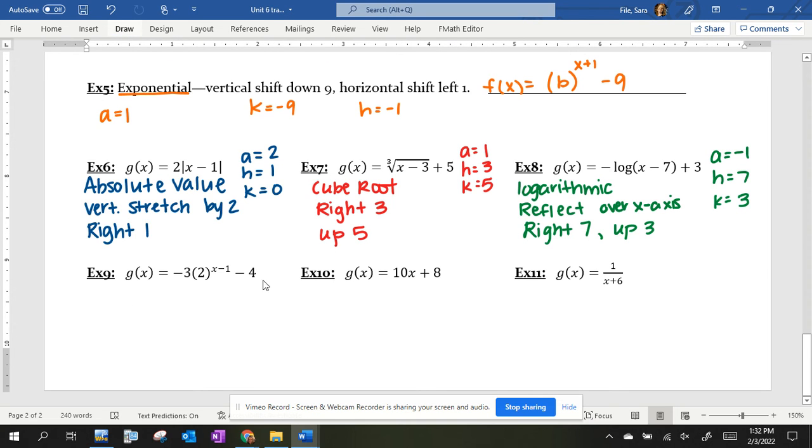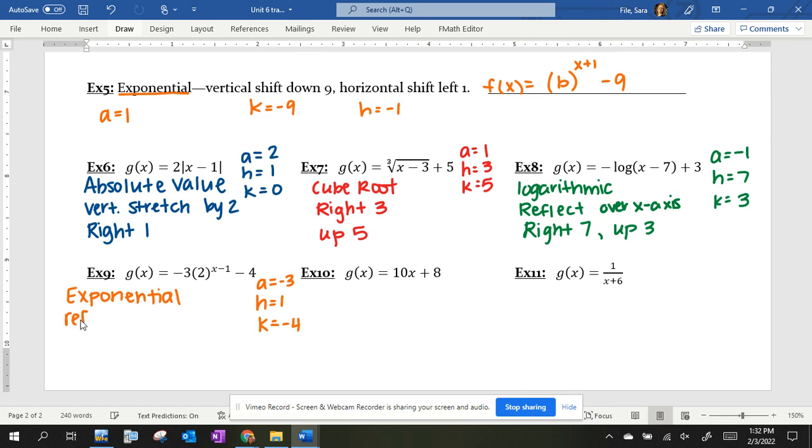What type of function is 9? Exponential, good. A is the negative 3. H is a 1, and K is a negative 4. So A is negative 3. That's going to affect it in multiple ways. How is it going to affect it? It's going to reflect because of the negative, and it's going to stretch because of the 3.